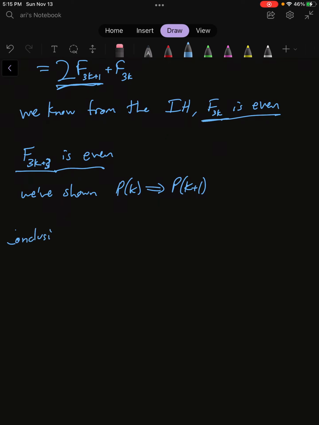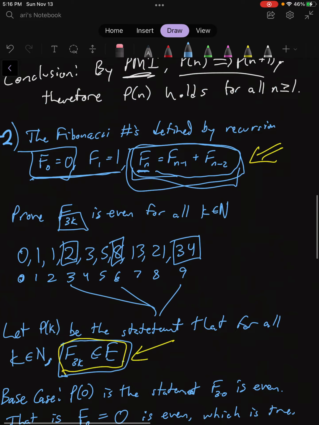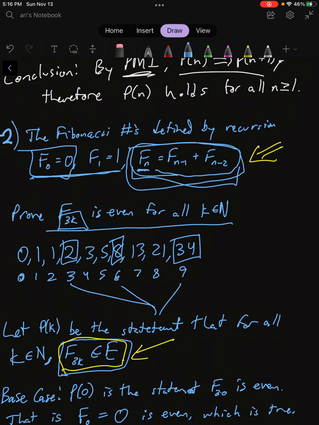And our conclusion is that by the PMI, the principle of mathematical induction, we've proved that f of 3k is even for all k in N, which is what we set out to prove at the beginning. Prove that f of 3k is even for all k in N. And we've done it.